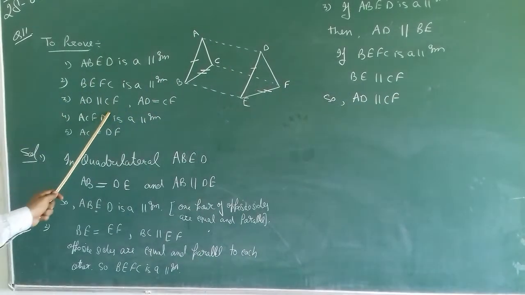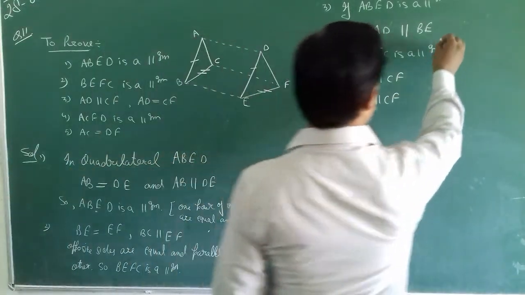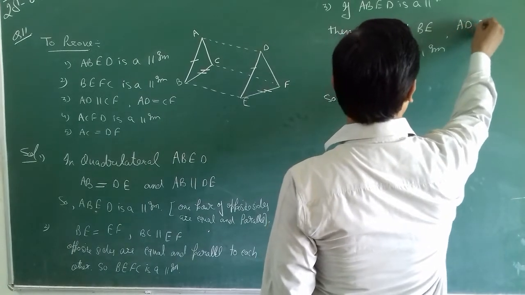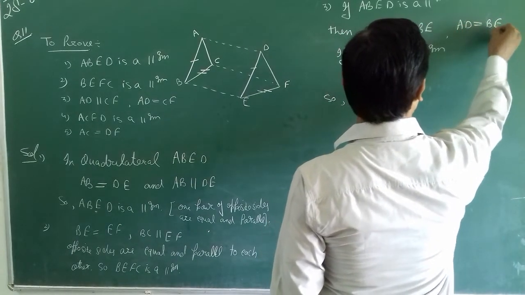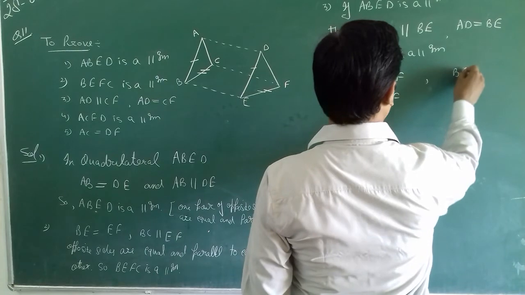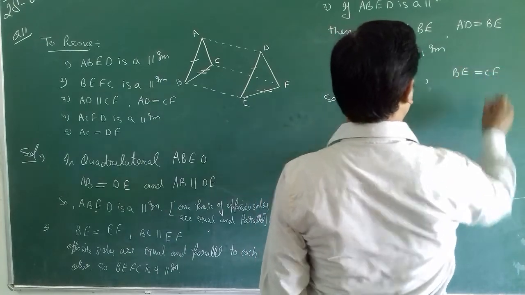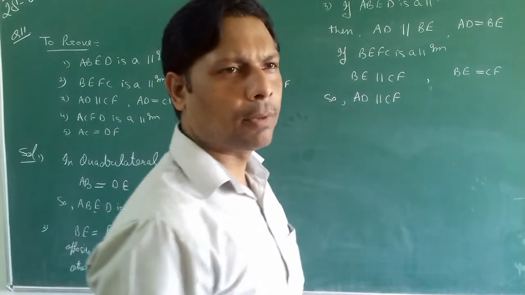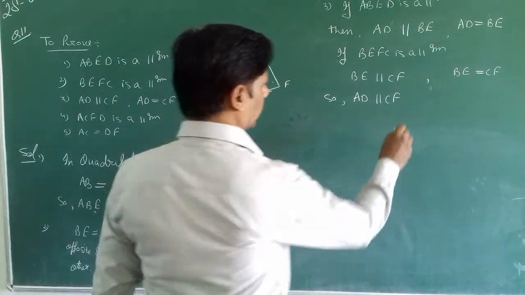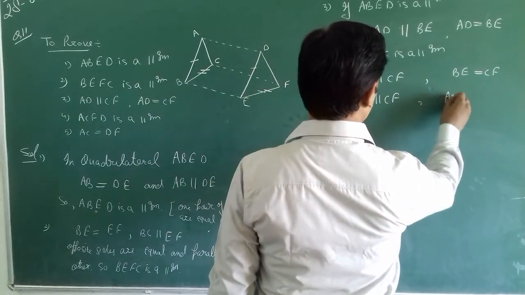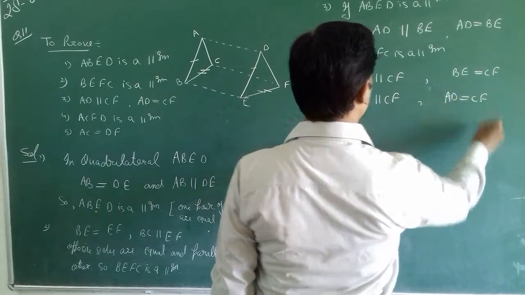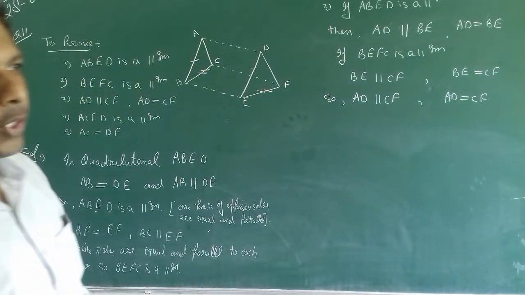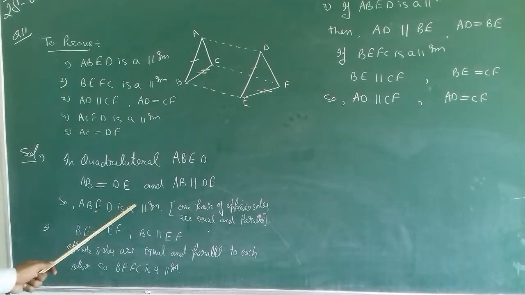Right? This is the third part. Same as here AD is equal to BE. Here BE is equal to CF. Because opposite sides of a parallelogram are equal to each other, so AD is equal to CF. So AD CF के equal भी होगी और parallel भी.